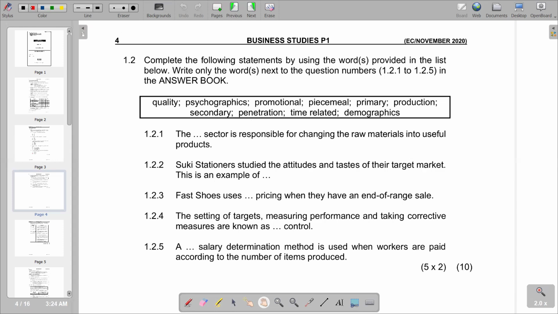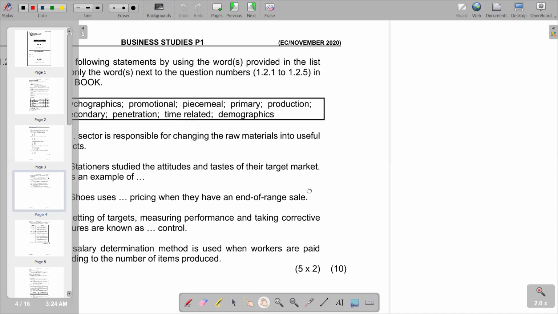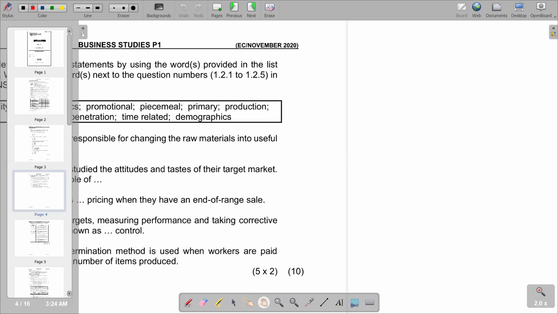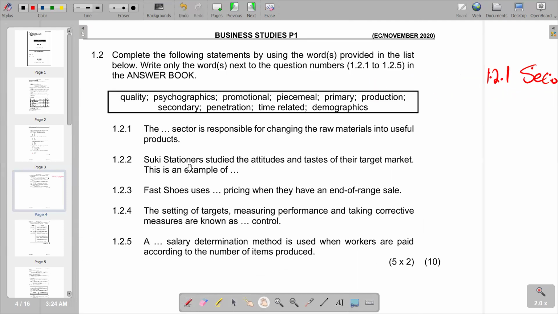On 1.2.1, we are saying it's secondary sector. We can just present it. So 1.2.1, we are using secondary sector as the correct answer.